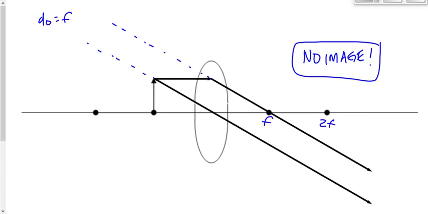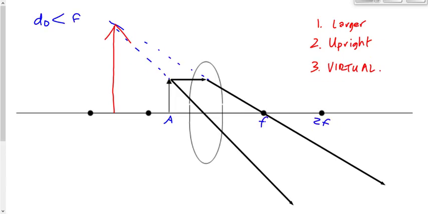And here for the virtual image, dotted lines intersect. Does that make sense? Real image is formed when it can be projected onto a screen, and we know that it's real because solid lines intersect. Virtual image cannot be projected onto a screen. We know that happens when dotted lines or the extensions of those rays intersect.